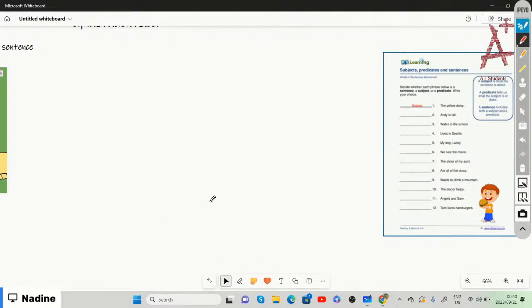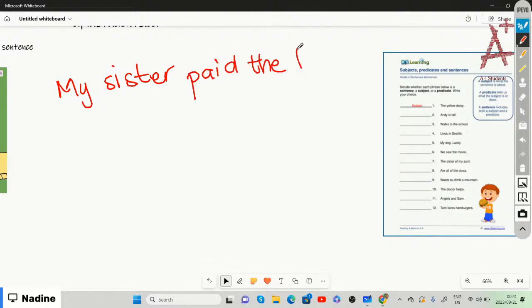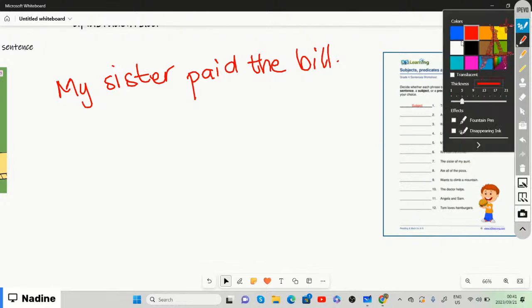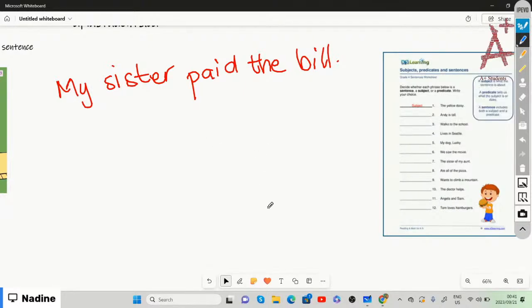So if we look at the specific sentences, right? Let's say, my sister paid the bill. If we look at the sentence, my sister paid the bill, can you identify the subject within the sentence?